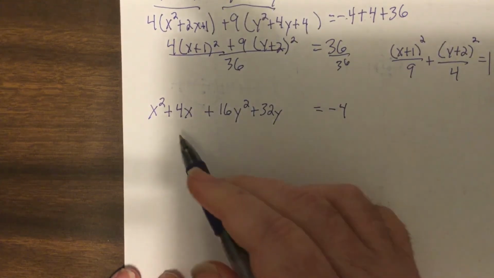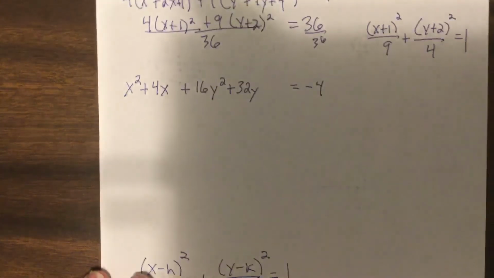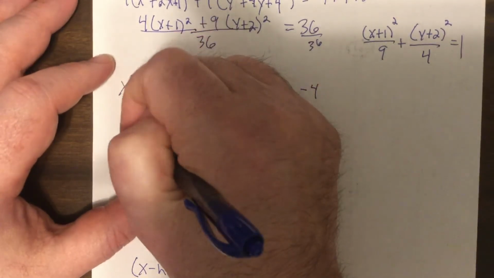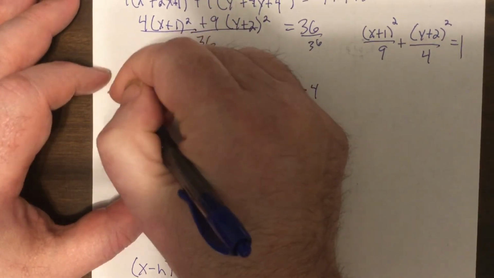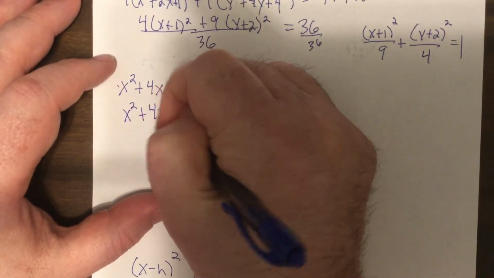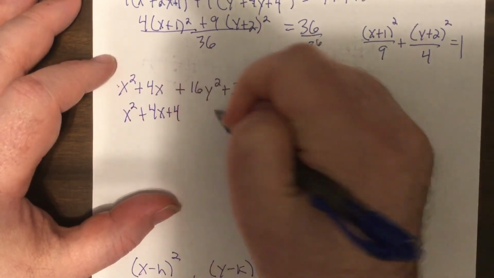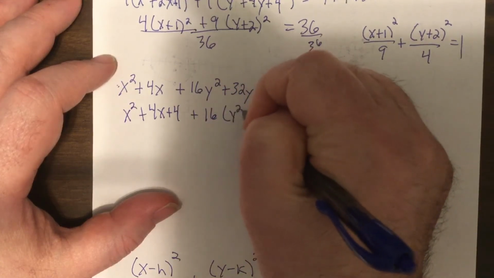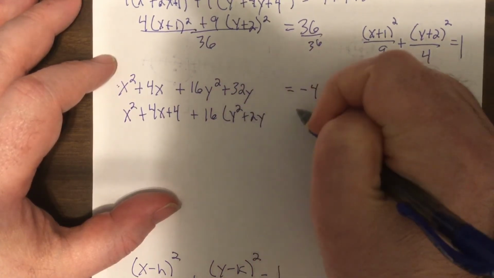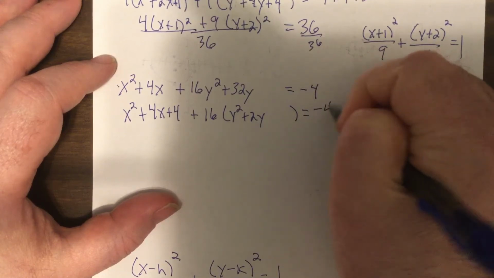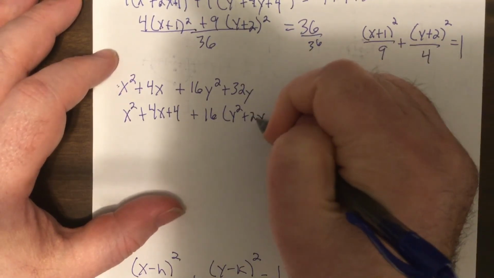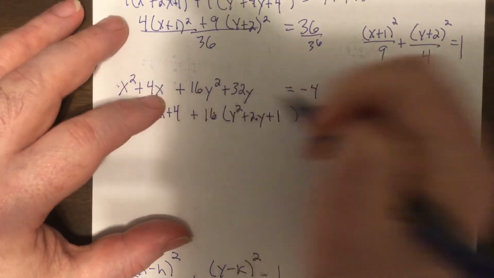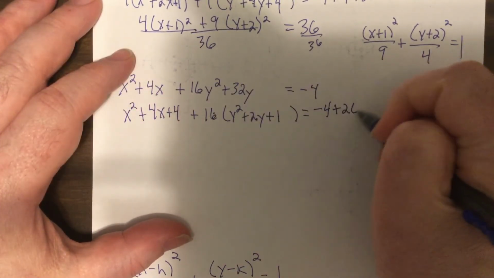So go ahead and see if you can figure this one out for me, and then I'll do it. Okay, so x squared, no factoring out a number, so x squared plus 4x plus 4. This I factor out as 16. So half of 2 is 1. 1 squared is 1. 1 times 16 is 16. So I actually added 20.